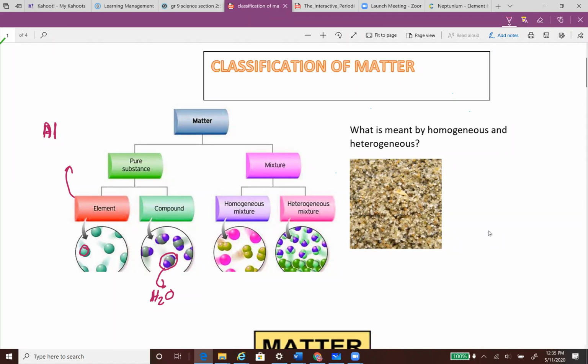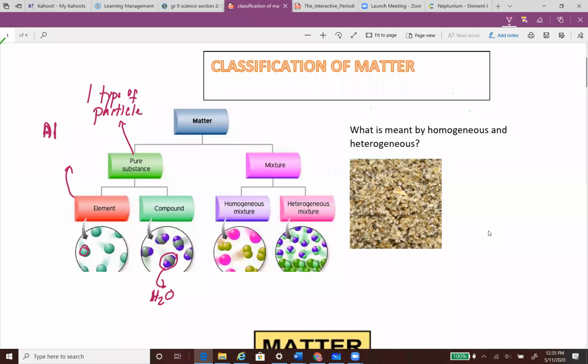Now, these are called pure substances because what they both have in common is they both have one type of particle. If you look at elements and compounds, there's only one type of particle that makes up the element or the compound. Now, we can contrast that to what's called a mixture.